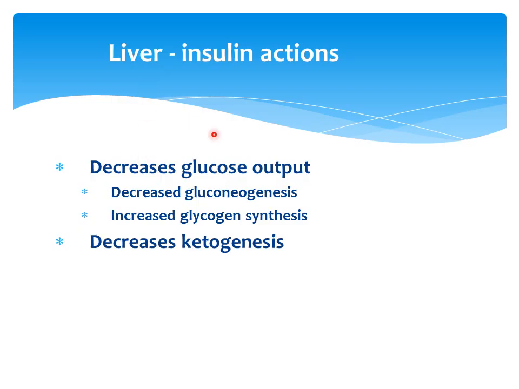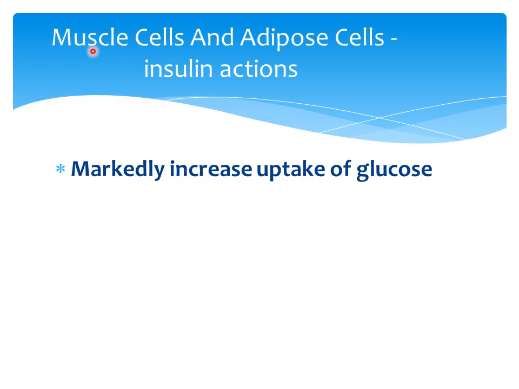In diabetes, where there is deficient insulin action, there is increased glucose output from the liver, leading to hyperglycemia. Also, in diabetes mellitus, there is a tendency for ketogenesis. In muscle and adipose tissue, insulin markedly increases the uptake of glucose.